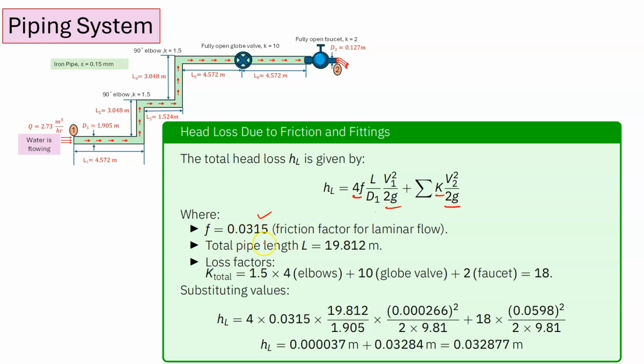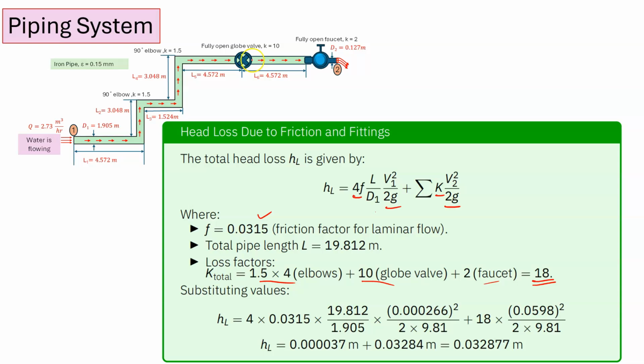Now K total is 1.5 into 4 elbows, and 10 is the globe valve, and 2 is the faucet, that is 18. Now here we are taking the velocity V2 as 0.0598, but we can consider that velocity is 0.